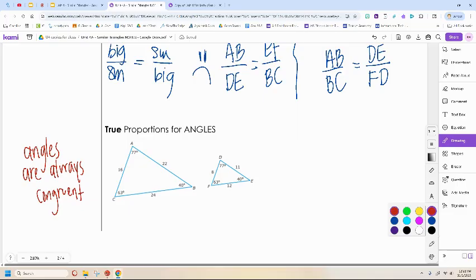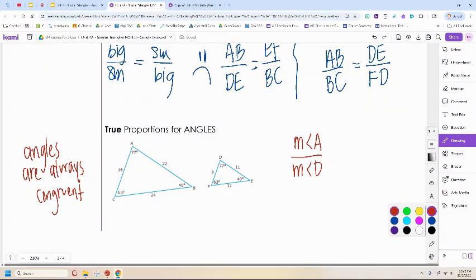So, for example, I want to make sure I get a good example to show you. I've lost my paper. Here it is. Yes, sorry. They sometimes do crazy things like this. They'll put the measure of angle A over the measure of angle D. Well, that's 77 over 77, right?